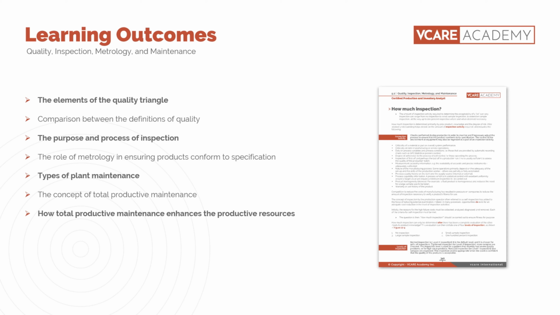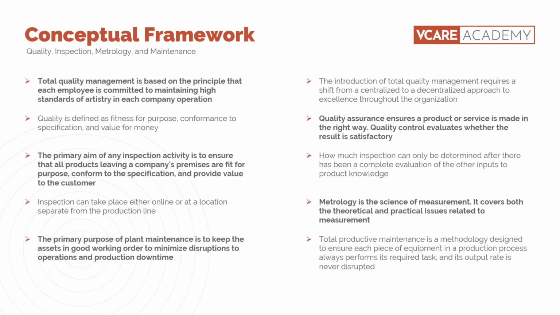types of plant maintenance, and the concept of total productive maintenance, and how total productive maintenance enhances the productive resource. The conceptual framework in this module: total quality management is based on the principle that each employee is committed to maintaining high standards of artistry in each company operation. Introduction of total quality management requires a shift from a centralized to a decentralized approach to excellence throughout the organization.